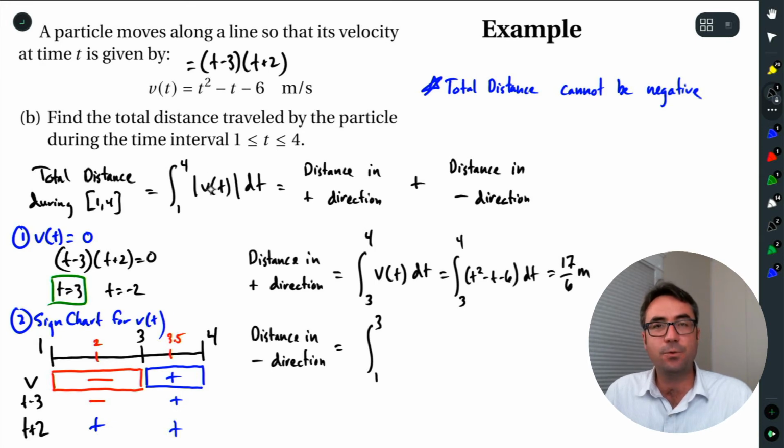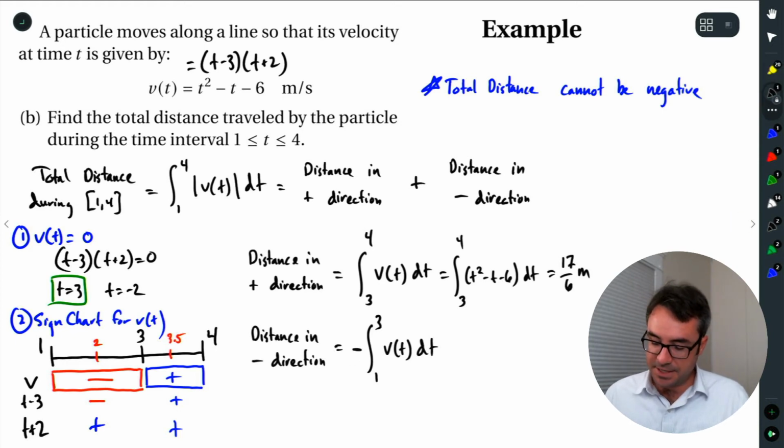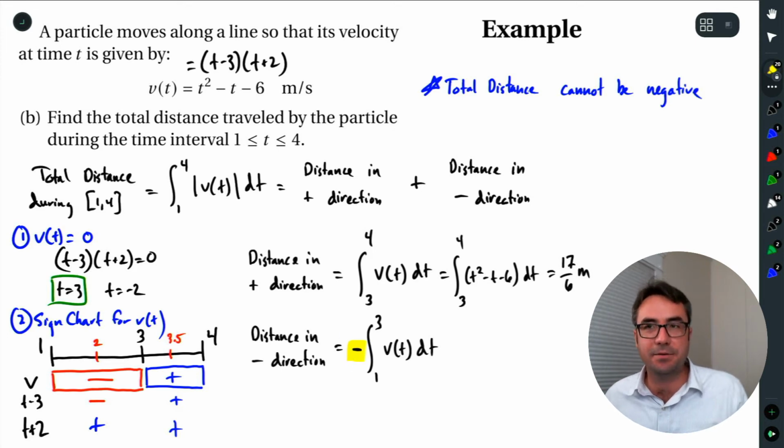Well, the way absolute value works is it kind of works like a double negative. So we're going to have our velocity function, but then we're going to make an adjustment for the fact that velocity is negative from 1 to 3. So this absolute value sign, this negative in front, is really just negating this velocity value in here. Our velocity function is negative, so the absolute value sign kind of does a double negative in order to get all those negatives to cancel.